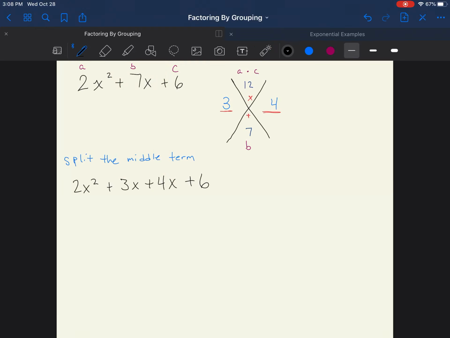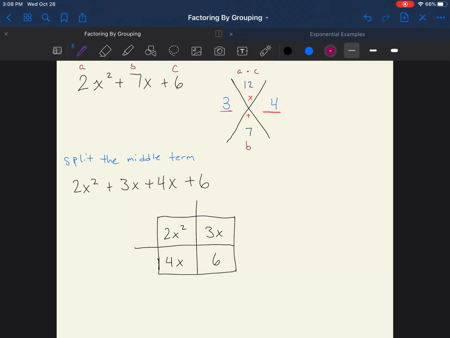Now I'm going to factor by grouping. All right, so I'm going to draw a little box here, and I'm going to fill it in. I have 2x squared, 3x, 4x, and 6. And we've done this in the past couple of videos, so I'm going to go a little faster here.